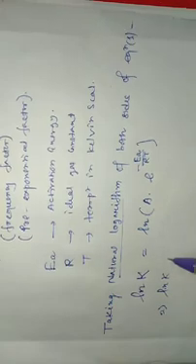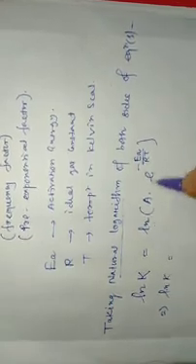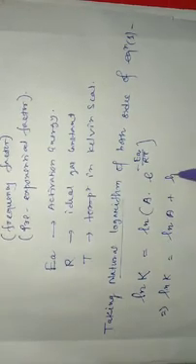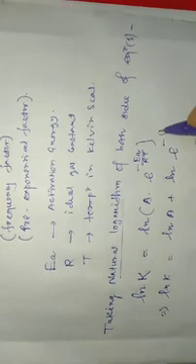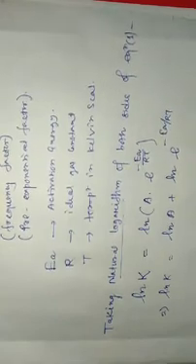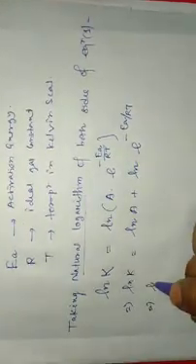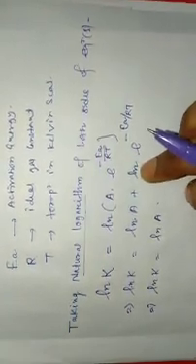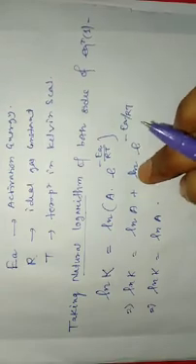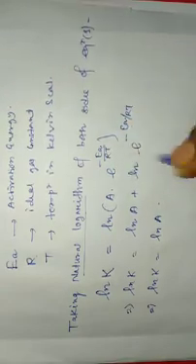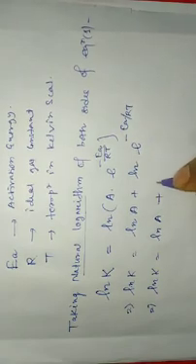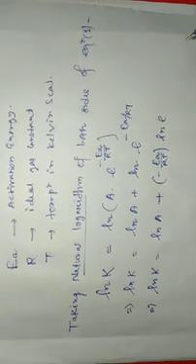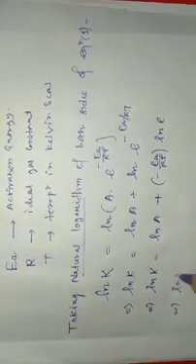This is similar to log of A into B, which equals log A plus log B. So ln k equals ln A plus ln of e to the power minus Ea divided by R into T. Also, log of A to the power B equals B log A. So ln k equals ln A plus minus Ea divided by R into T times ln e.